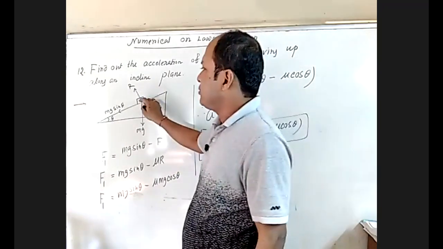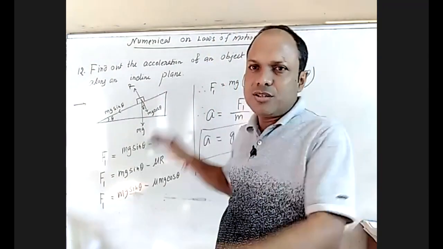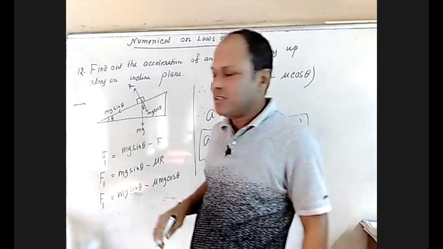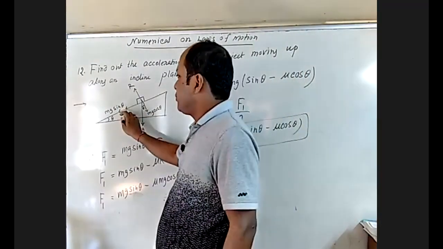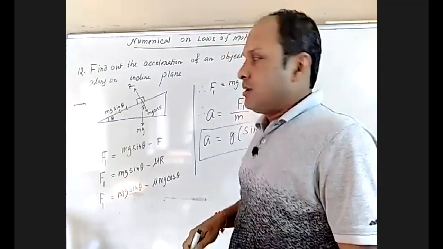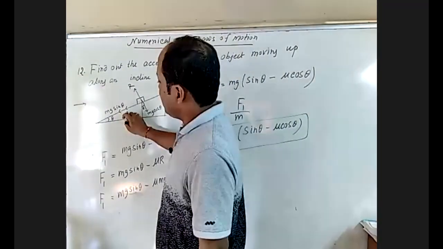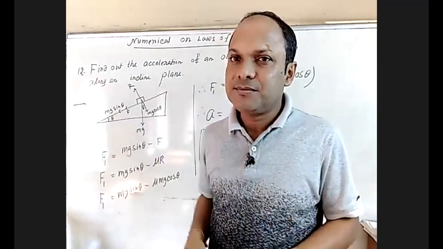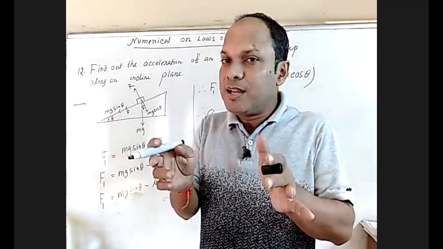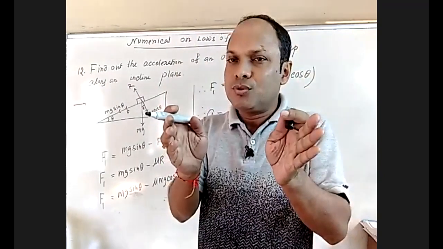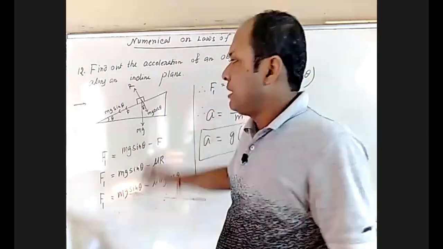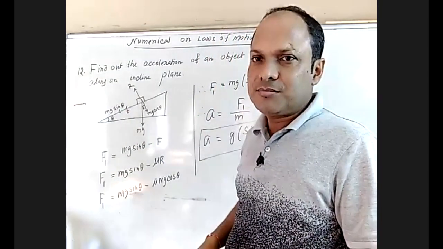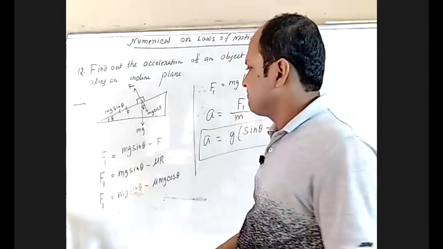Then whenever the object tries to move or starts to move, a frictional force will act. That frictional force is acting in the downward direction. mg sin theta is also acting in the downward direction. So you have to apply such an amount of force which can balance these two forces.